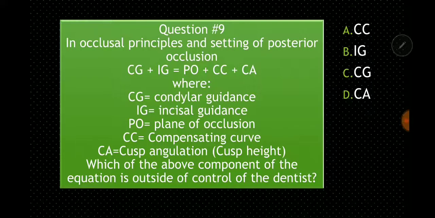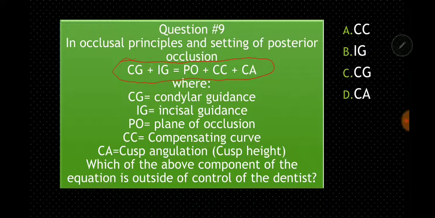Okay, all right. Question number 9. In occlusal principles, this question is one you're supposed to understand really well. Okay, so in occlusal principles and setting of posterior occlusion, which component of the equation is outside of the control of the dentist? Okay, so this equation you're supposed to know when you're setting up denture teeth.